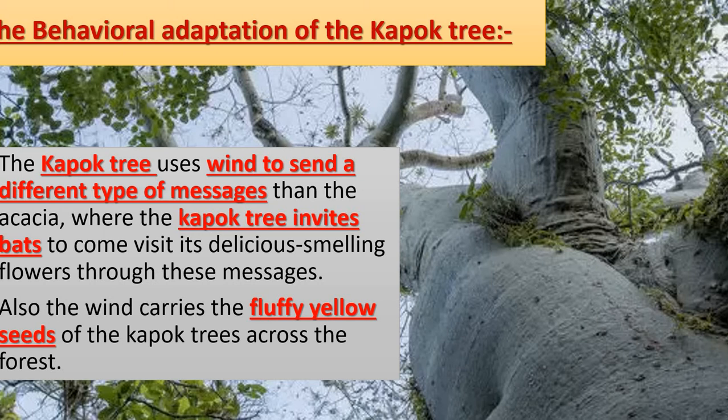It produces a smelly message. When it does, it invites the bats to pollinate the flowers, which makes the plant produce. And then the wind also takes the fluffy yellow seeds of the plant across the forest, distributing them. This is the function of the wind.